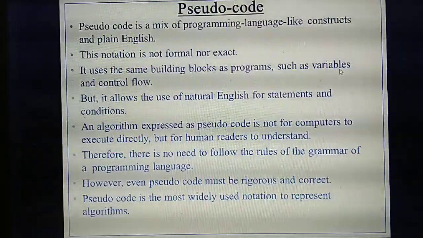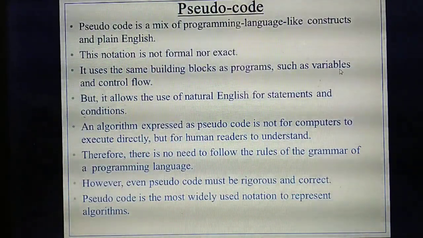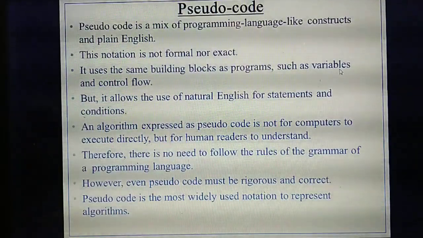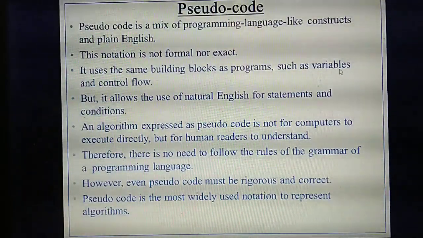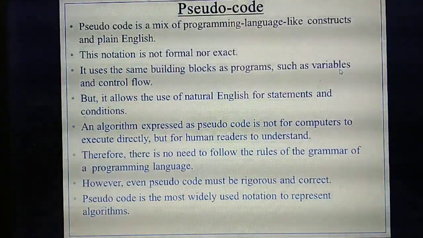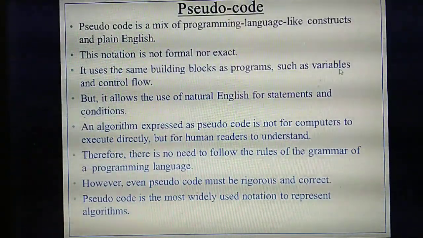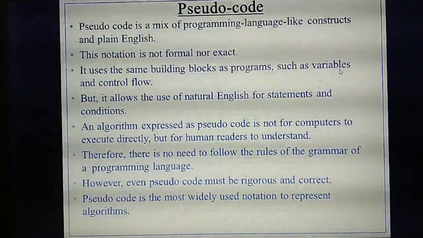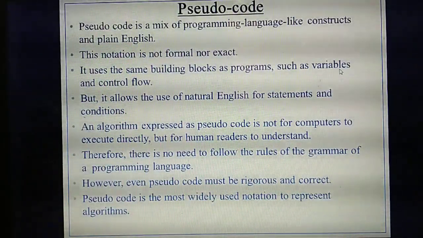Pseudocode can also use variables and control flow. What do you mean by control flow? Flow of control. Last chapter you studied control flow, three statements. Are you remembering? Sequential, alternative and iterative. So pseudocode will support variables as well as control flow.